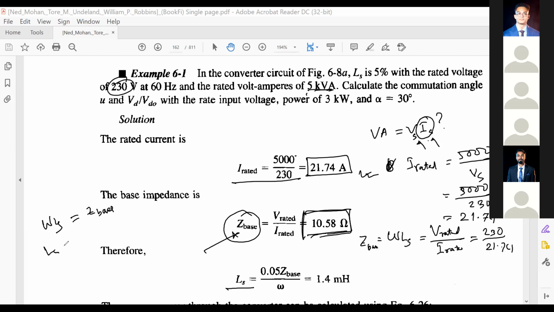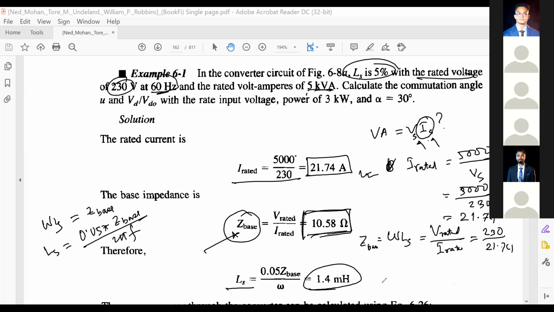So our Ls will be 0.05, because this is written as 5%, multiplied by Z base divided by omega, equal to 2 pi f. f is given as 60. If you do that, you will get Ls equal to 1.4 millihenry.